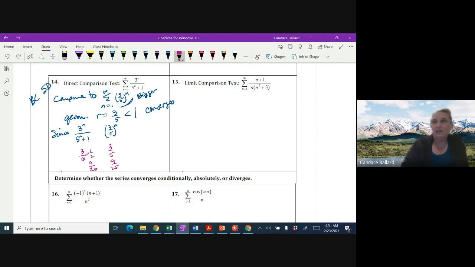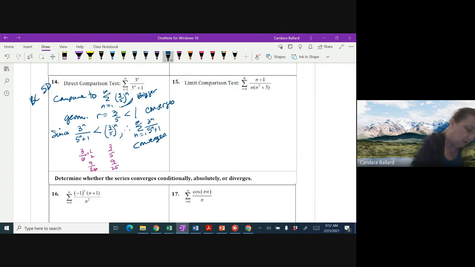Well, that's kind of easy to tell. 9/25 is going to be bigger than 9/26, right? I could do more, but I'm pretty confident after 2 of them that came out pretty good that this one is bigger, okay? So therefore, this series n equals 1 to infinity of 3 to the n over 5 to the n plus 1 also converges, okay?